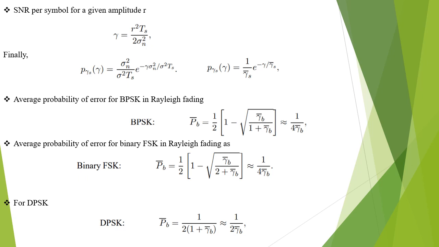It is interesting to compare the bit error probability of the different modulation schemes in AWGN and fading. For binary PSK, FSK and DPSK, the bit error probability in AWGN decreases exponentially with increasing gamma_b.